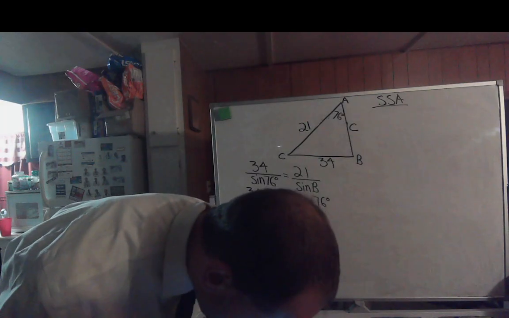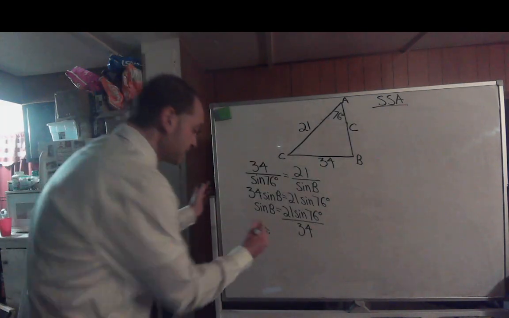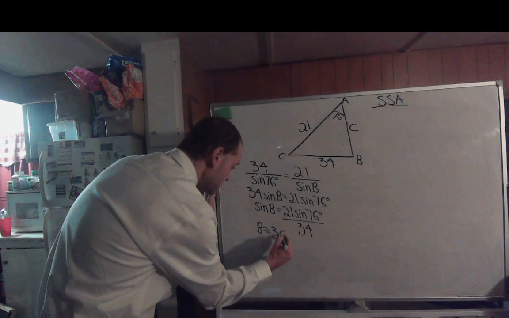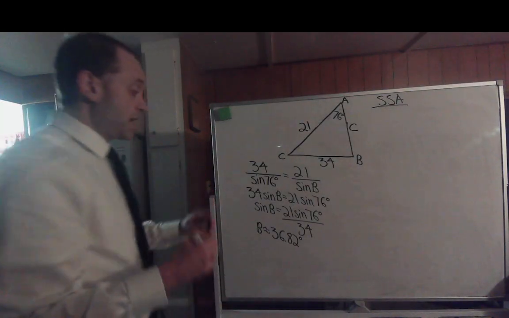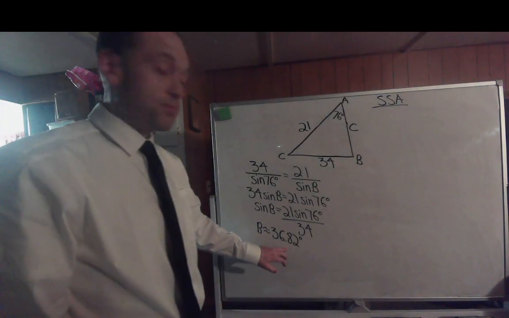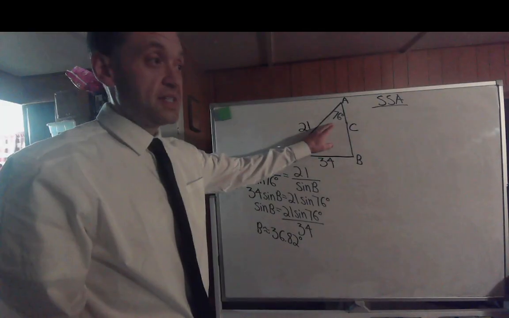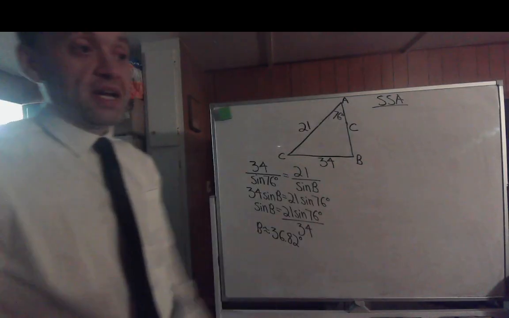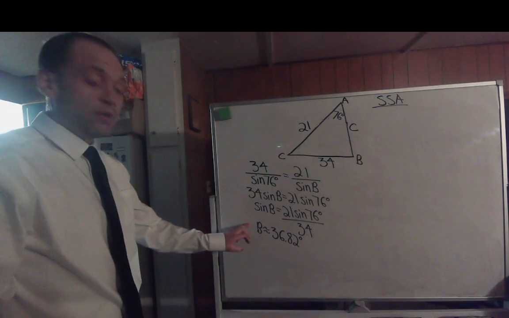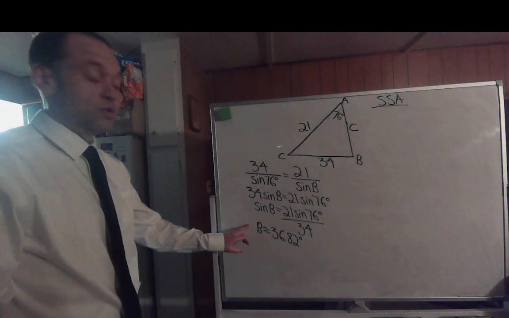So for an angle, you get approximately 36.82 degrees. Alright, well, you take that 36.82 itself, add that to 76. You're not even close to 180, let alone going over. So we know we for sure have one triangle.